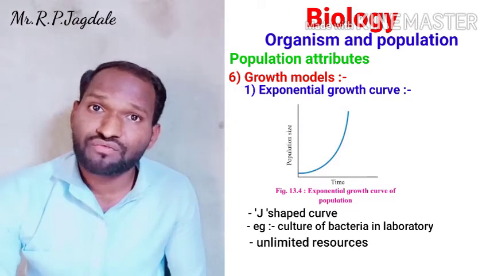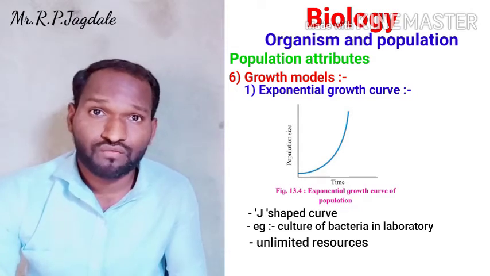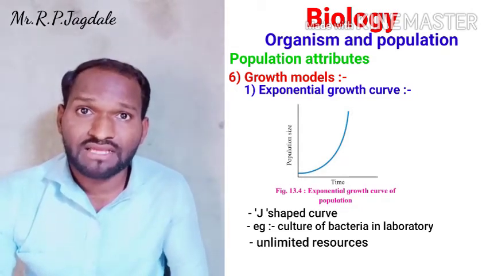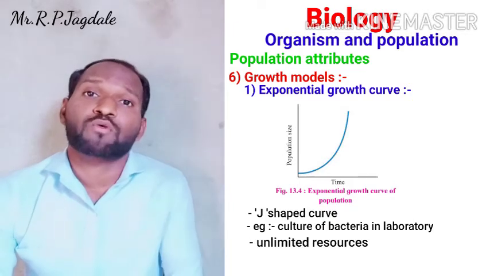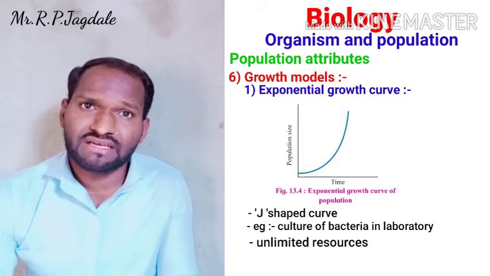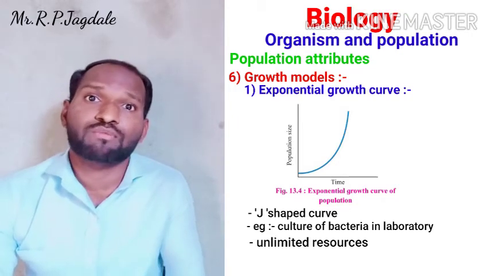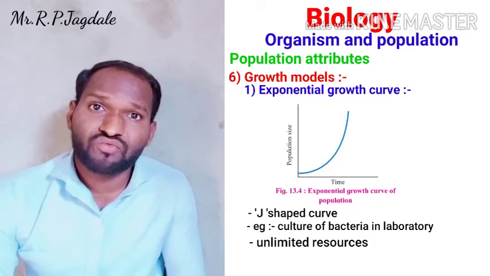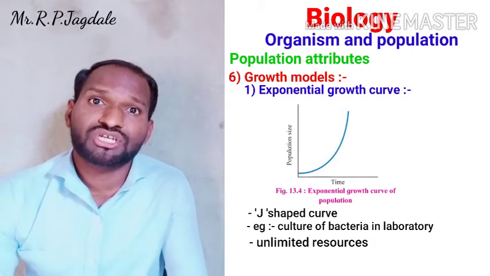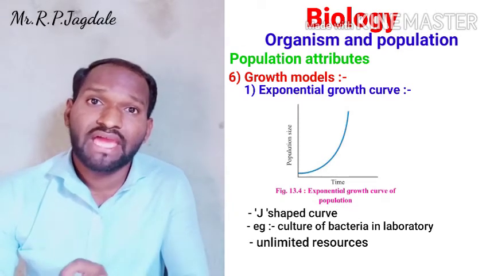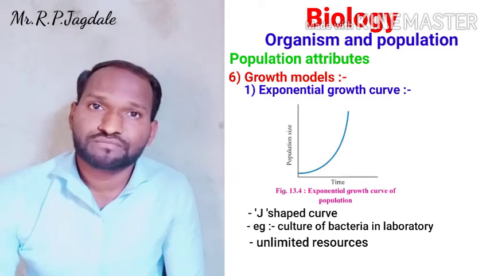In that condition, we are providing temperature, food, that is nutrients, nourishment, and we are providing the space. That means everything is unlimited there. Whatever they require, we are providing them. So there are unlimited resources. That's why their reproduction rate, their growth rate is exponential, and they can have the exponential growth curve.